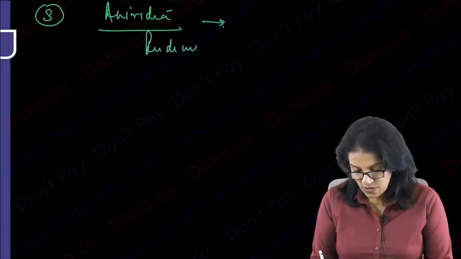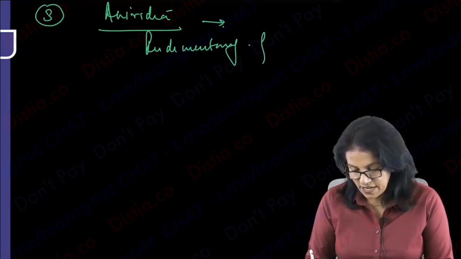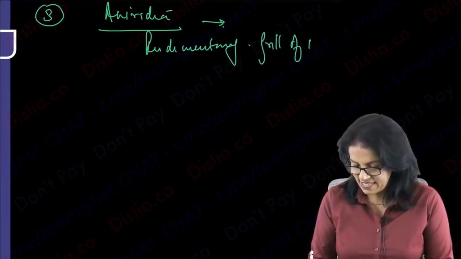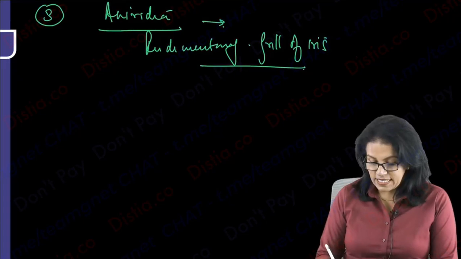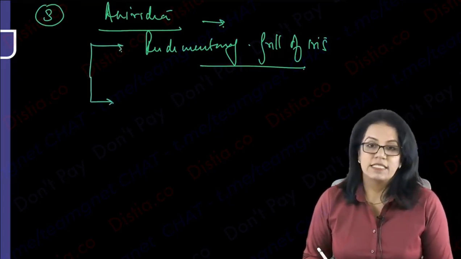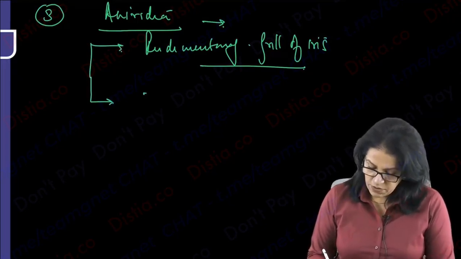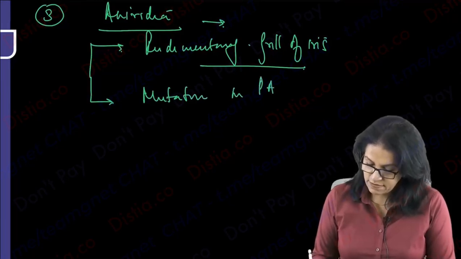This is mainly the cause of glaucoma. So write down, rudimentary frill of iris is present, and mainly this condition happens due to, it's a genetic condition, and the mutation is in the PAX6 gene.